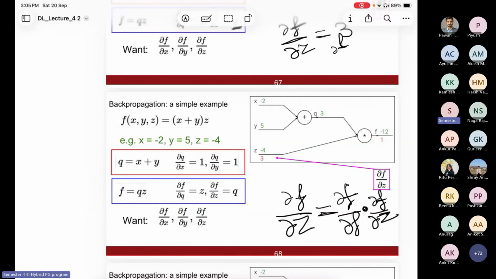This is the same thing that I'm writing. I'm writing del f by del z equal to del f by del f dot del f by del z.